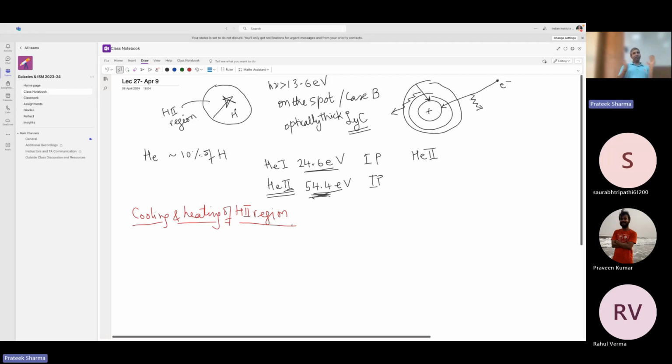So it can reduce the size of your Stromgren sphere. Dust can also affect the thermodynamics. It can produce photoelectrons, and it can heat the H2 region. We will not be doing dust in H2 regions, but it's important to be mindful of it. The modeling of H2 regions is extremely sophisticated, and it's very important to produce diagnostics for these systems.